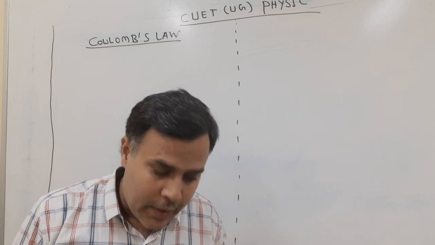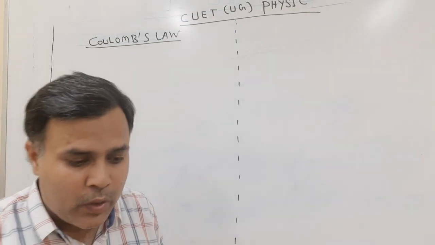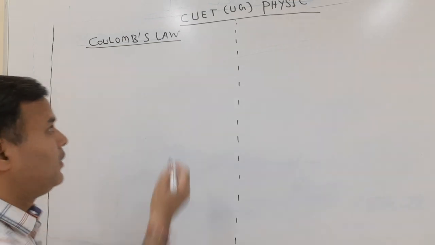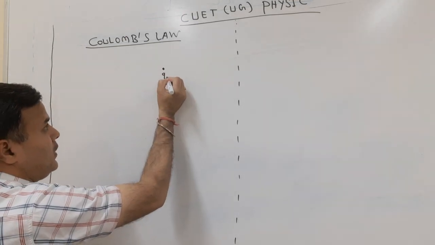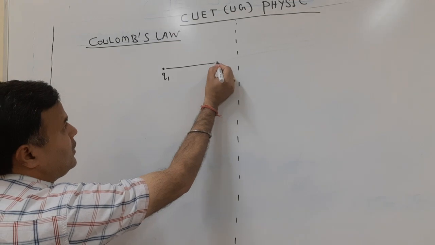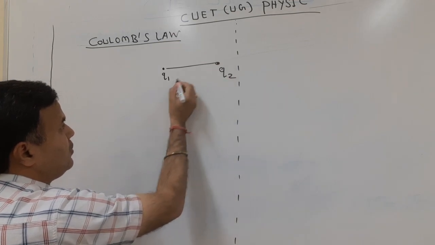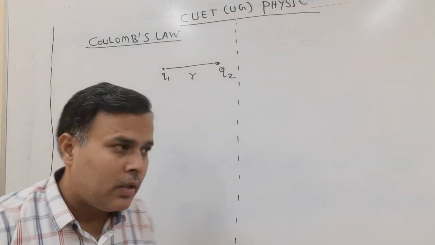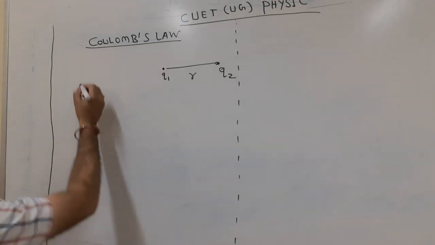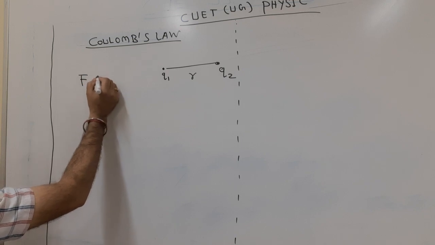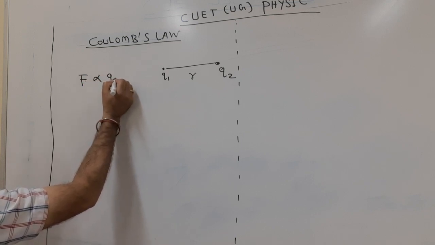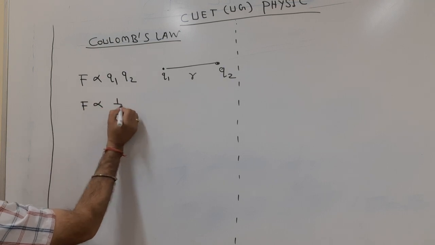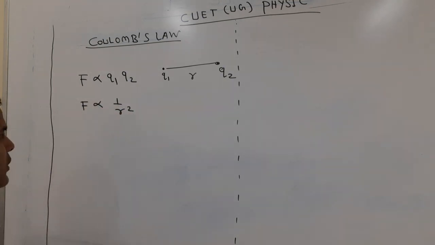Coulomb's law states that if we have two point charges, q1 and q2, separated by a distance r, then the force between these two charges is directly proportional to the product of the charges and inversely proportional to r square.